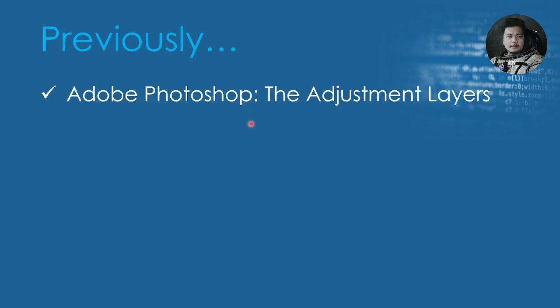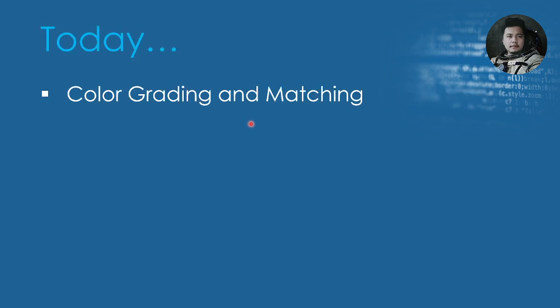So previously, we've talked about the different adjustment layers for Adobe Photoshop, and today we are going to learn color grading and color matching. Again, this would be our very last discussion for this course.